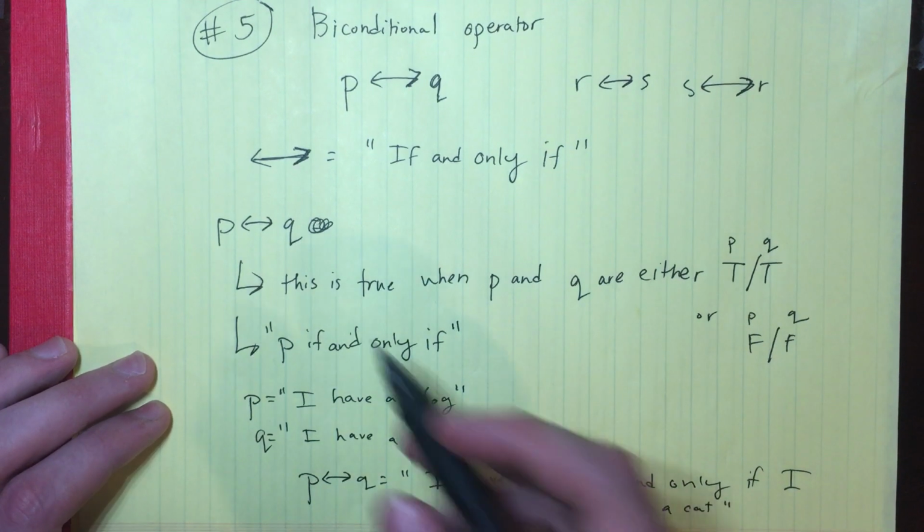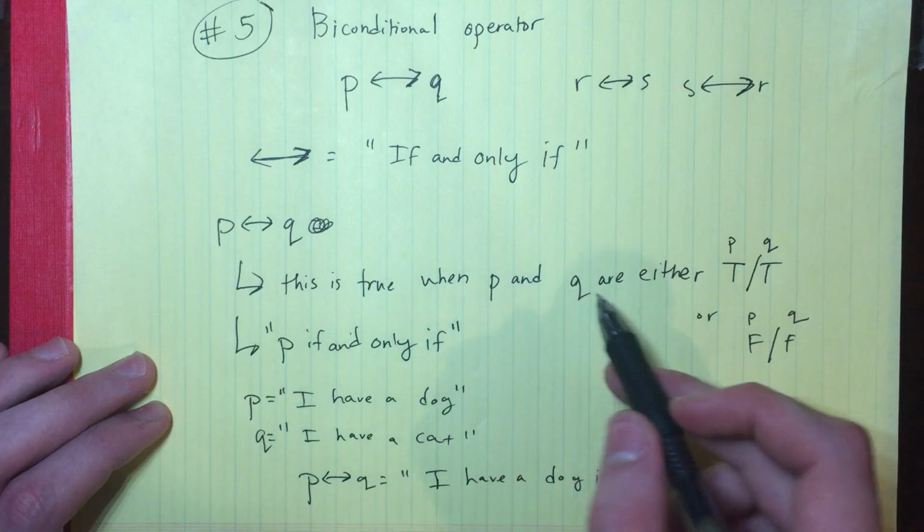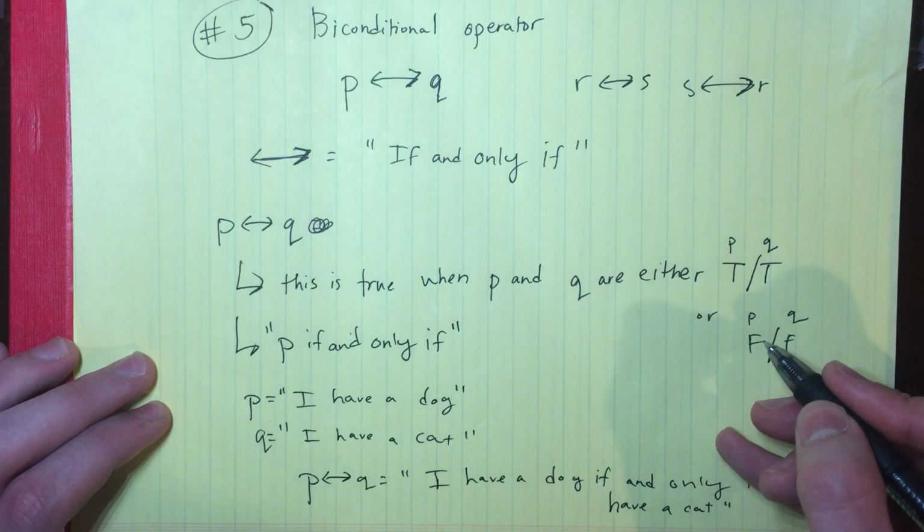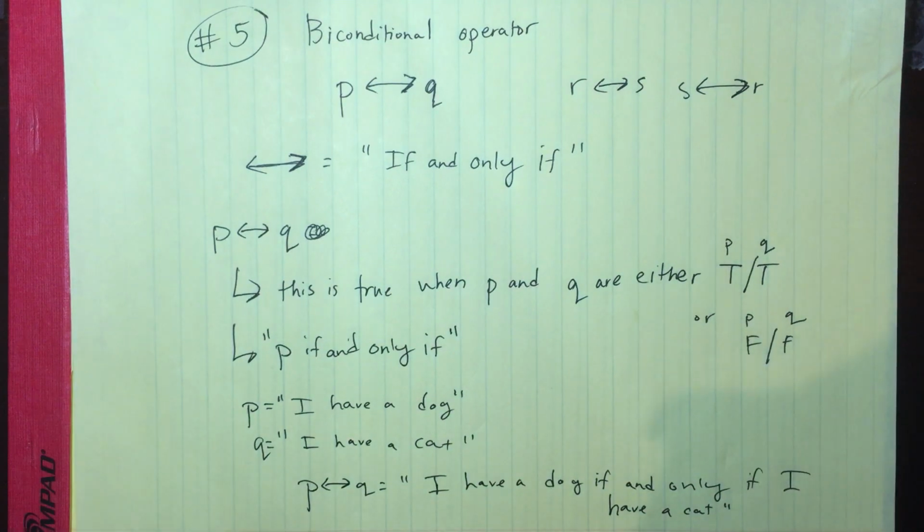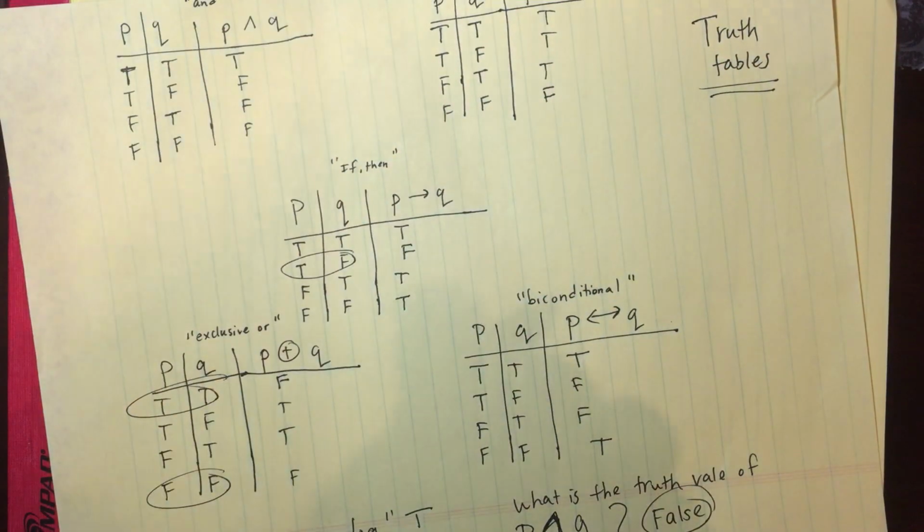So basically on the truth table, it's true when P and Q are both true or both false. I can show you that very easily.